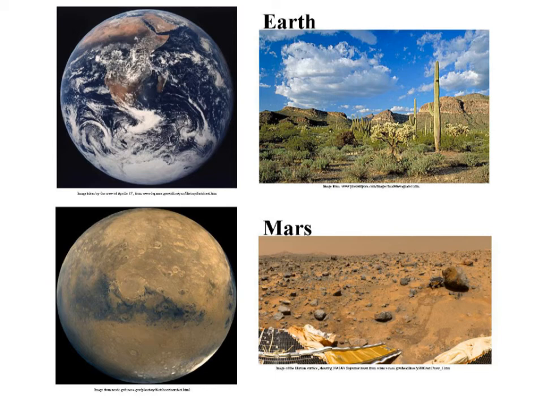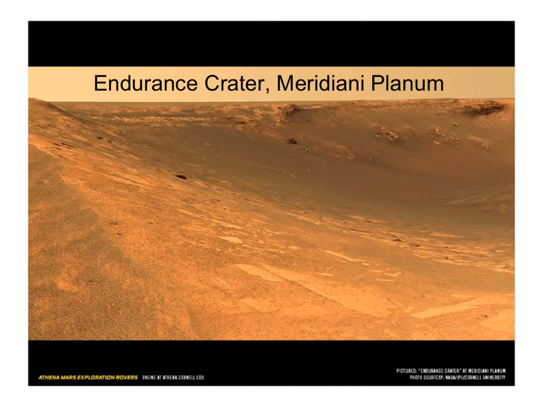So there's a picture of Mars. This is the Pathfinder landing site in Ares Valles, I believe. Here is one of the main craters that the Opportunity rover explored in Meridiani Planum, Endurance Crater. And we really should kill all the lights for these, but I won't bother.